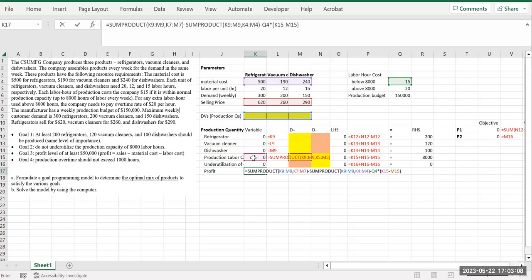Now, but if D plus is positive, that means K15 is over 8,000. So over 8,000 minus whatever amount that is above 8,000, that'll make sure that K15 minus M15 is going to stop at 8,000. All right. And then minus, there's going to be an additional overtime cost times the amount of overutilization.